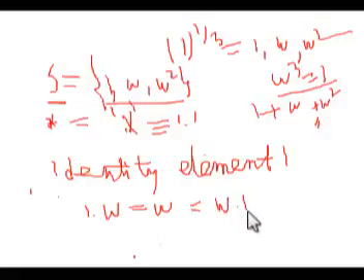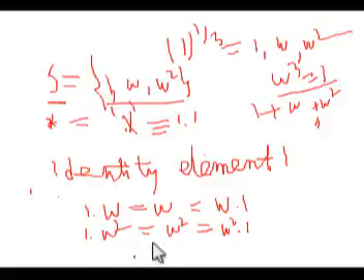So both elements are satisfied with the identity element 1, and we are getting the same elements.